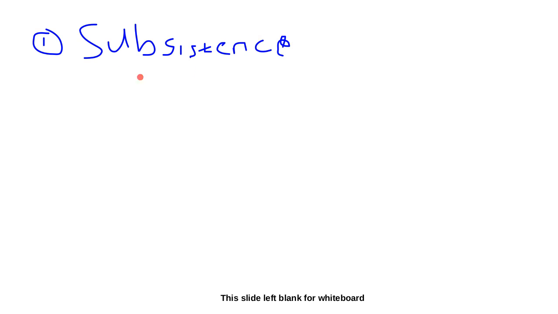I know my handwriting is poor, but we are talking about subsistence theory of wage determination. That is number one theory.